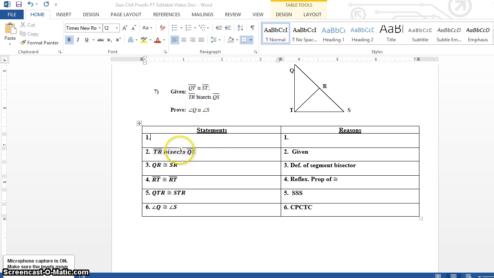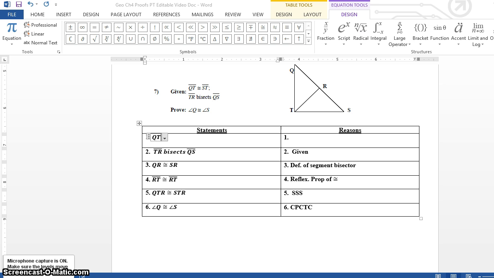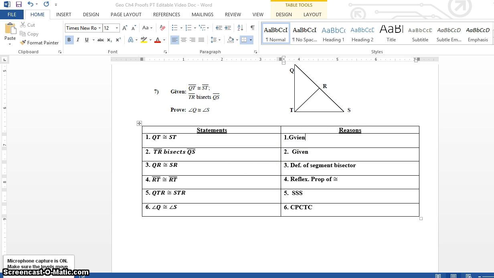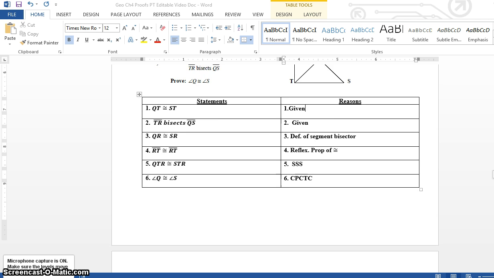Oh yeah, the very first given, where it tells me that QT is congruent to ST. So that's a second given, or the first given, I suppose. And there we go. Set of sides congruent, another set of sides congruent, and another set of sides congruent. That makes SSS. This proof is done.